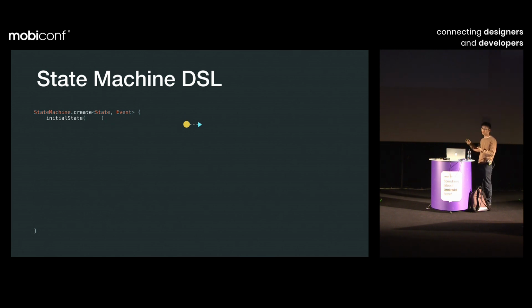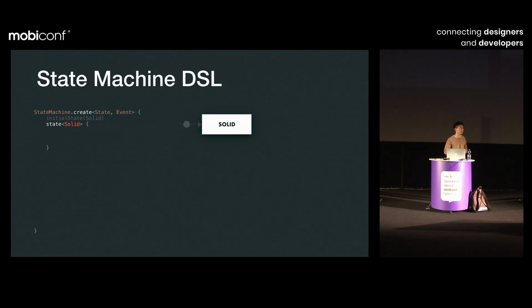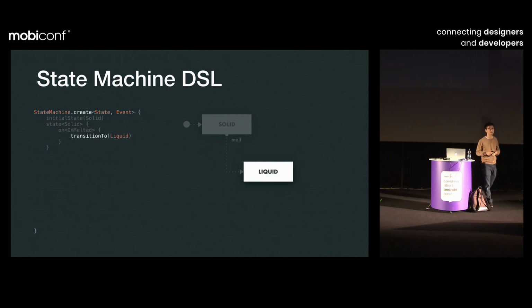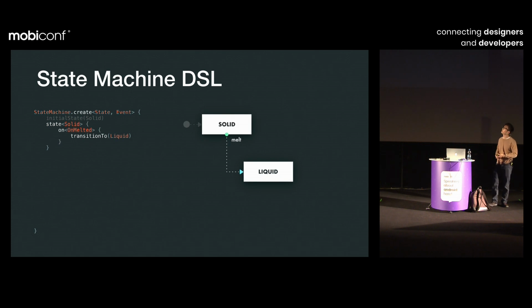All you need to do is use the create method. So let's specify the initial state, which is solid. And let's add state transitions one by one. When the state is solid and the OnMelted event happens, we want to transition to liquid state.